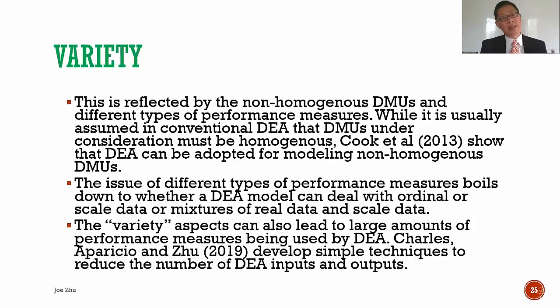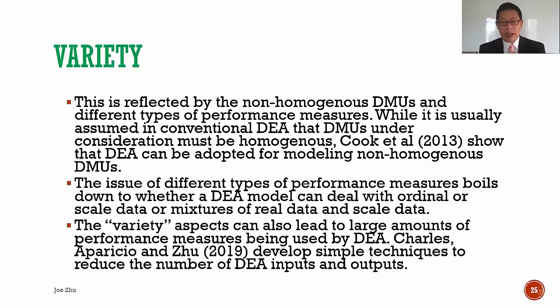And then the other V is the variety, right? The variety. To me, the variety means at least two things. One is that you have a set of different DMUs. Now, if you read some old papers on DEA, they say DEA has to be homogeneous. I disagree. Okay.